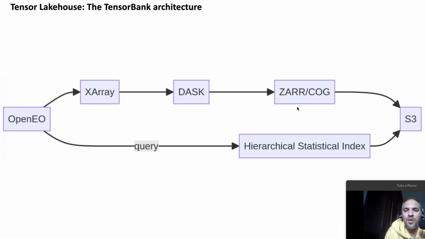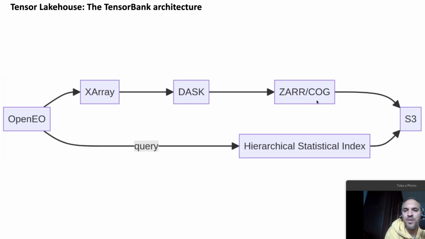COG stands for Cloud Optimized GeoTIFF. So it's an extension to the TIFF image format, which has geospatial metadata. And then the cloud optimized version of it has also in the metadata section all the offsets you need to extract subtensors from that file.